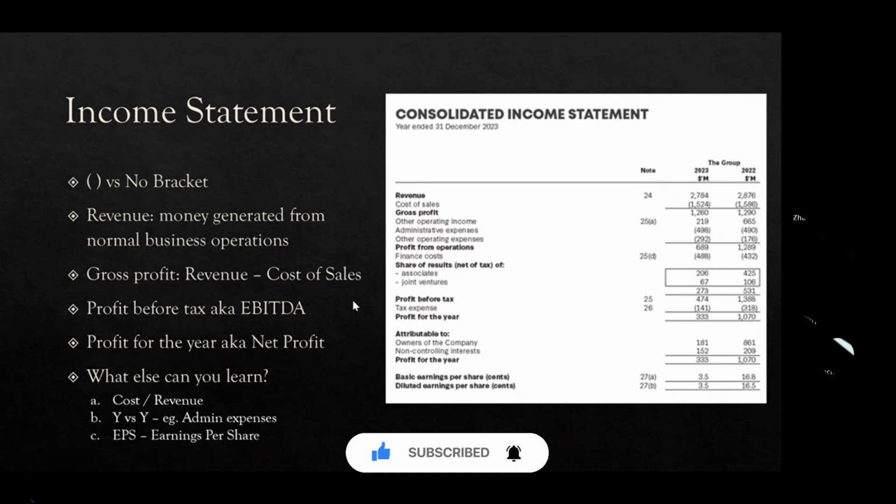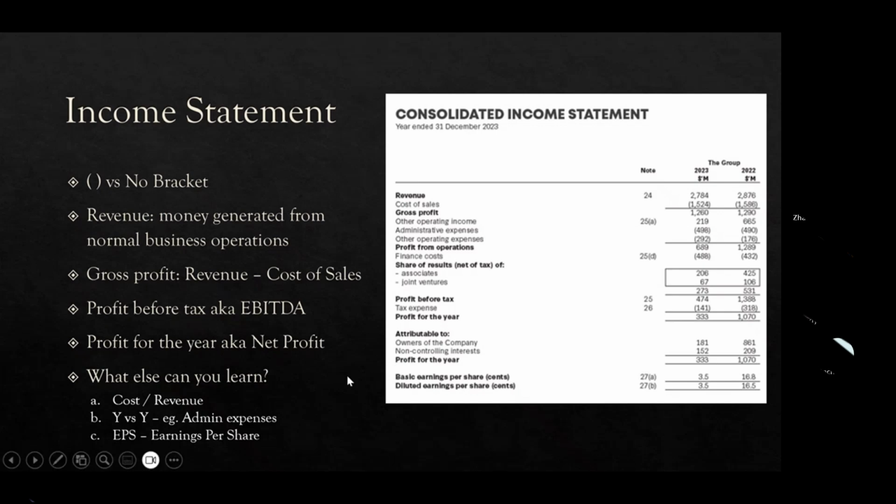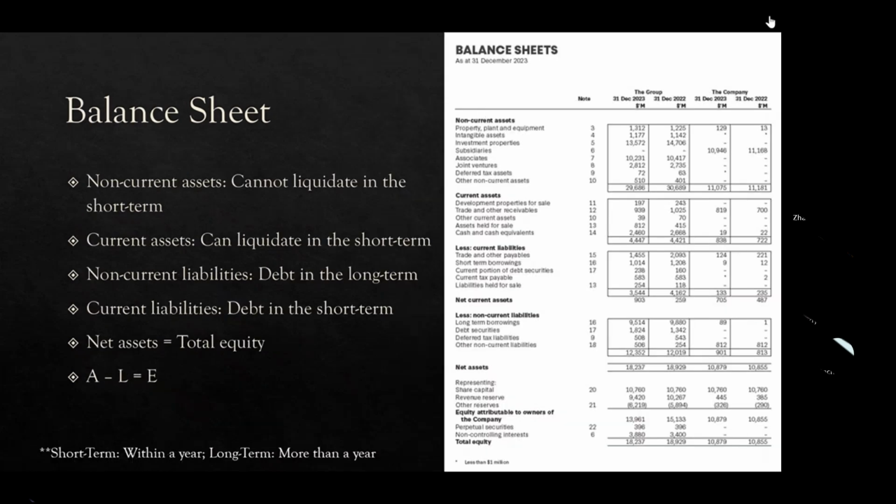So I will move on to the next item, which is the balance sheet. Okay, so balance sheet over here you can see quite clear cut, right, and straightforward is that it comprises assets, liabilities, and then lastly equity.